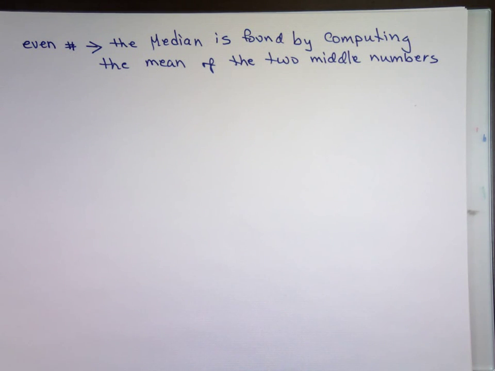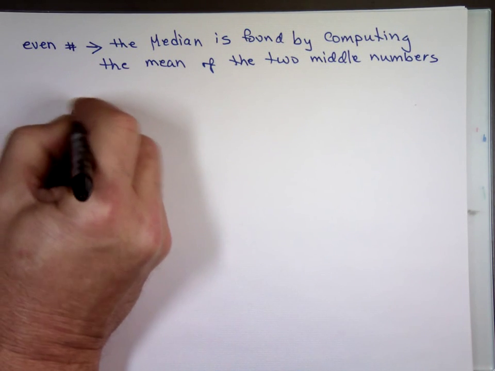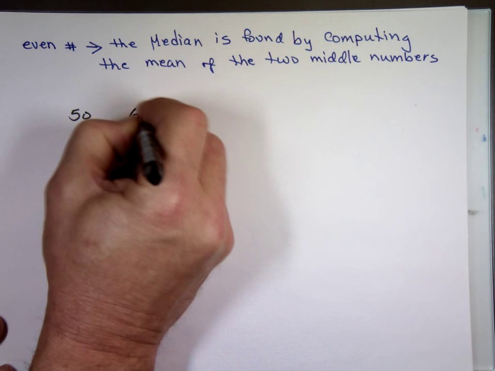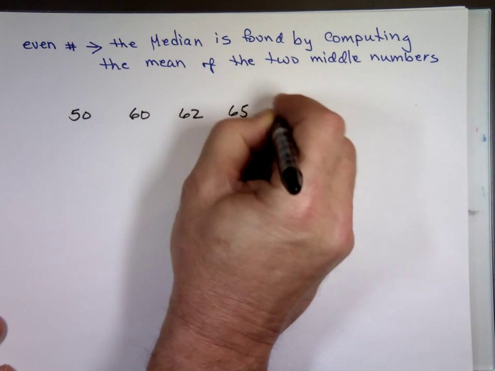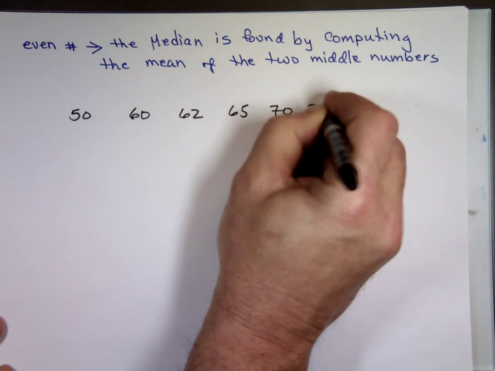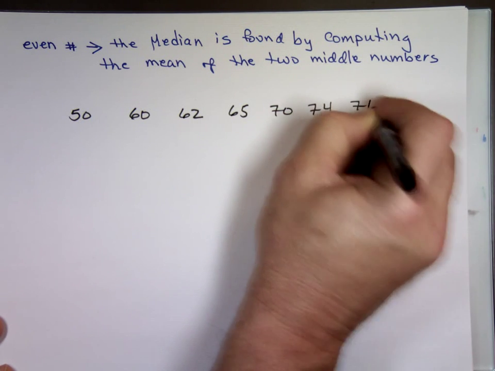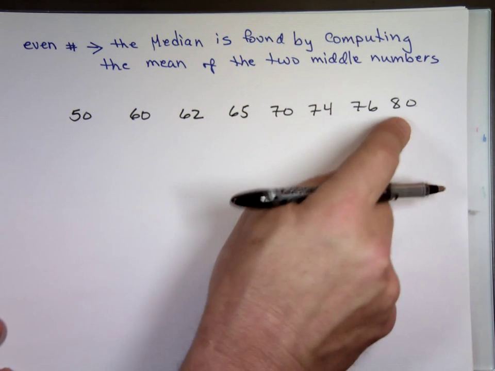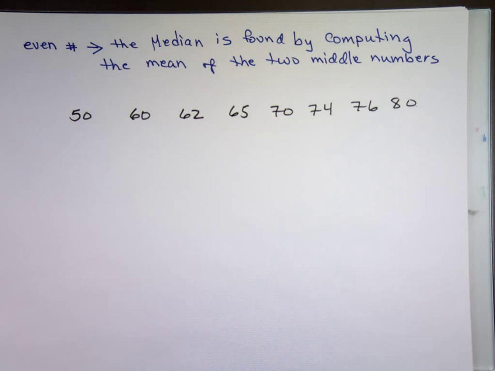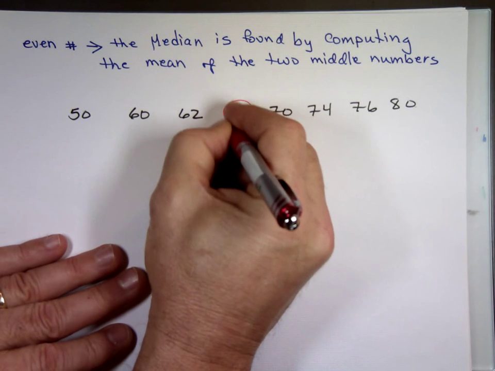So when you have an even number of values like this, I'll put them in order, make my life easy: 50, 60, 62, 65, 70, 74, 76, 80. Is that even or odd? 1, 2, 3, 4, 5, 6, 7, 8. That's an even. If I take this number, it's not the median.